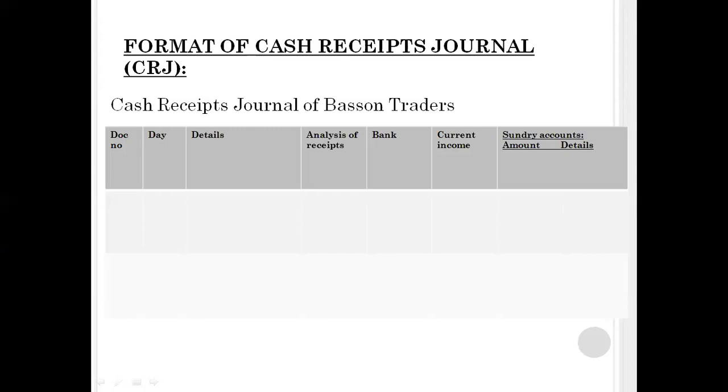But sometimes, especially with a capital transaction, they might say that the amount was deposited directly in the bank. Then the amount goes directly to the bank, and it's not going to be with analysis of receipts.